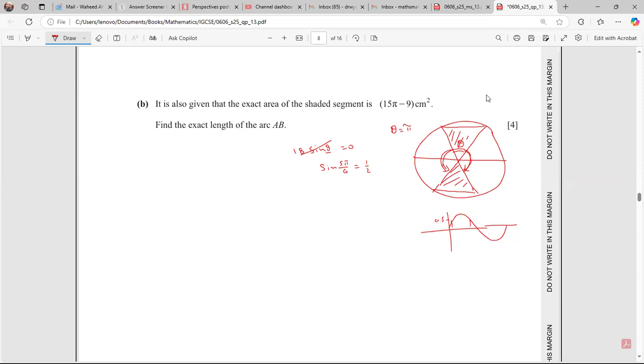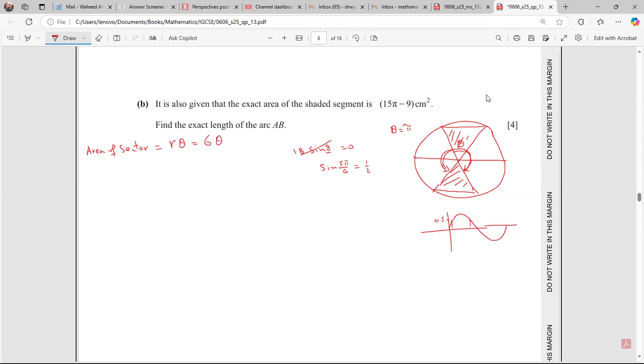Remember, the area of the shaded region. How can I find the area of the shaded region? We need to know the area of the sector. How much is the area of the sector? It is r into theta, remember? So it is 6 theta.